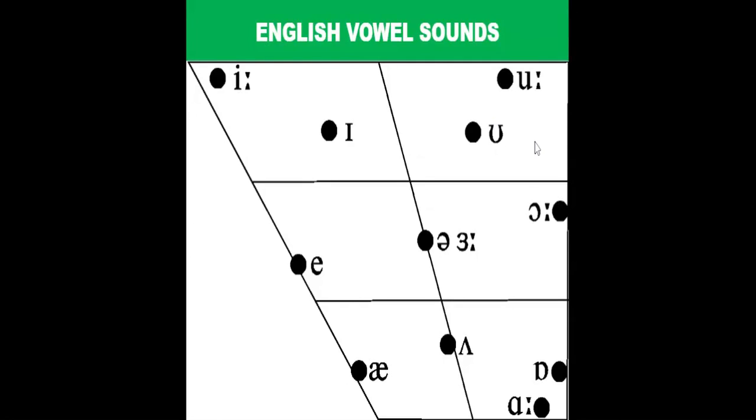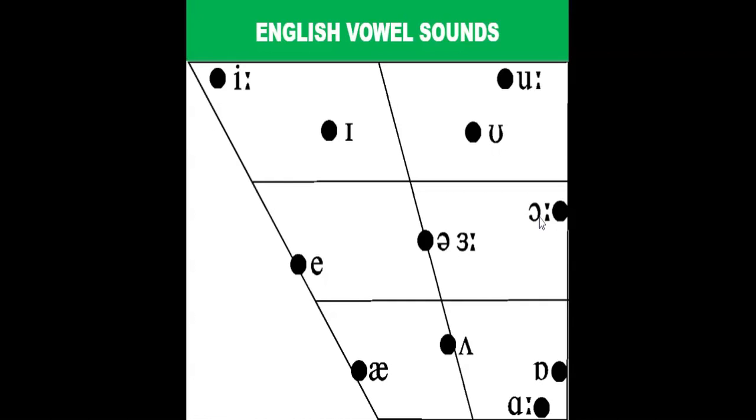So here you see the 12 monophthongs. Then this is the schwa sound, the central vowel sound, as in about.